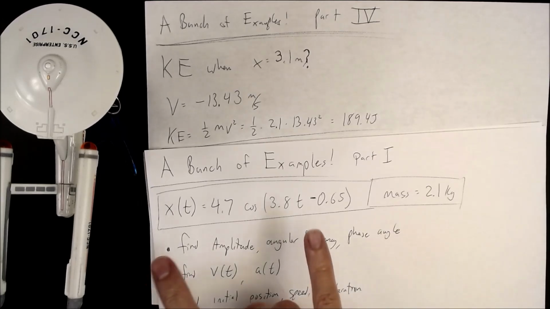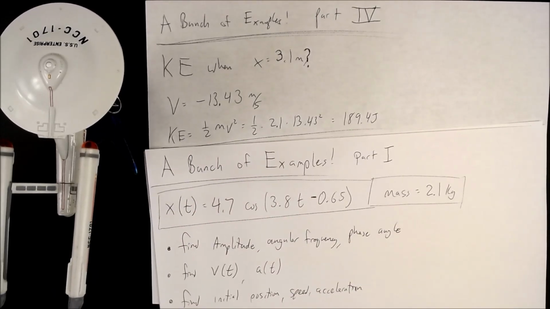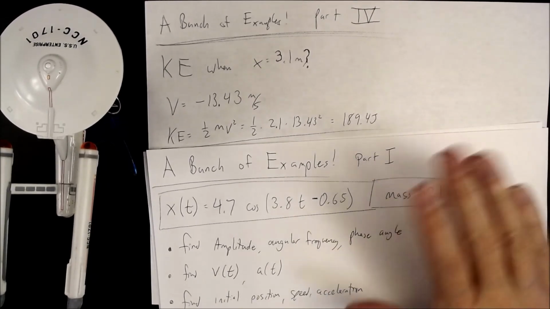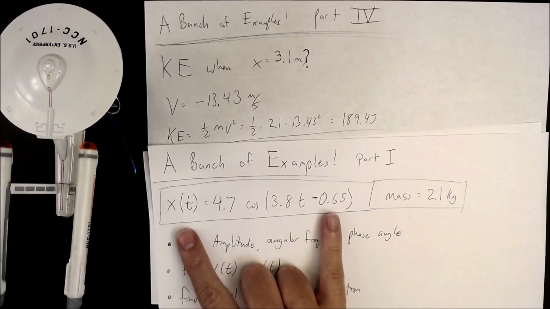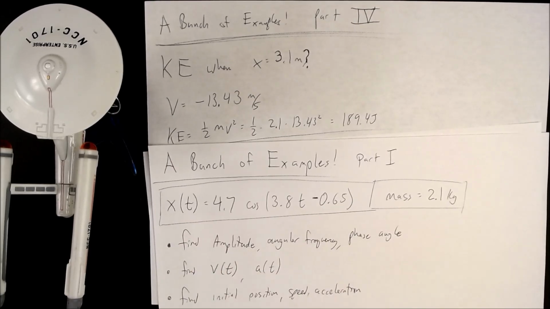Well, if you've got a kinetic energy that you're working on, that requires a velocity somewhere, and it requires a mass. We've already got the mass, so we can scratch that off. The velocity we still need. If you're given a position function as a function of time, finding velocity shouldn't be too difficult.